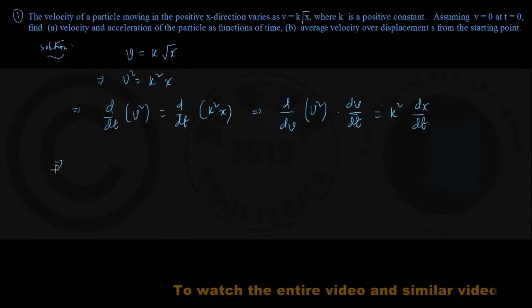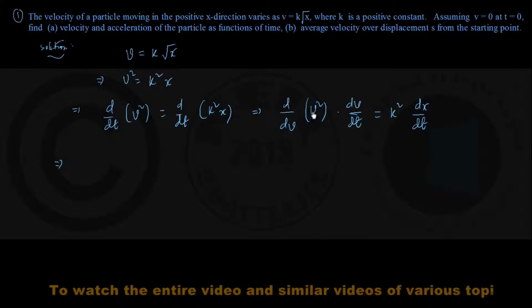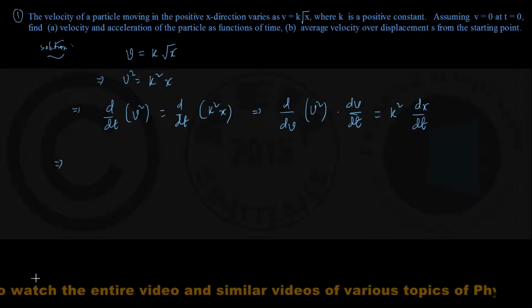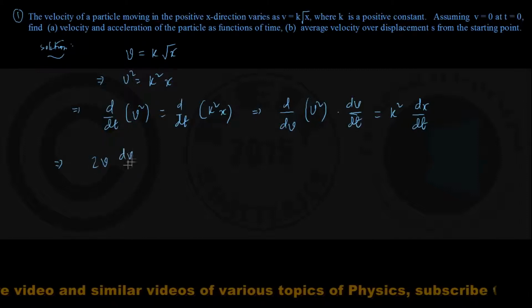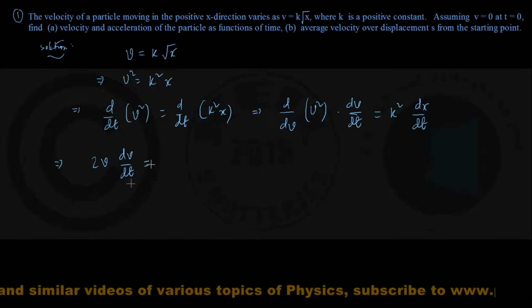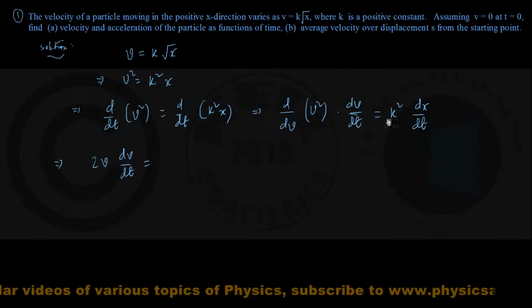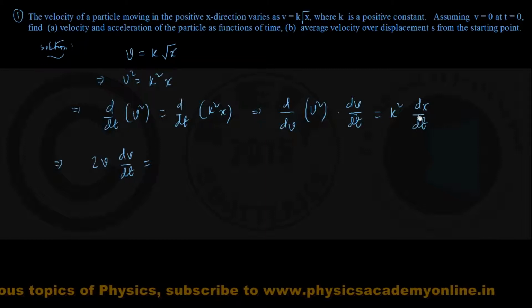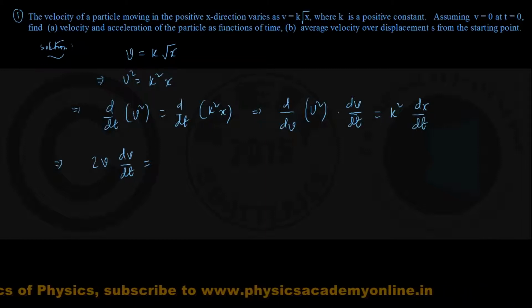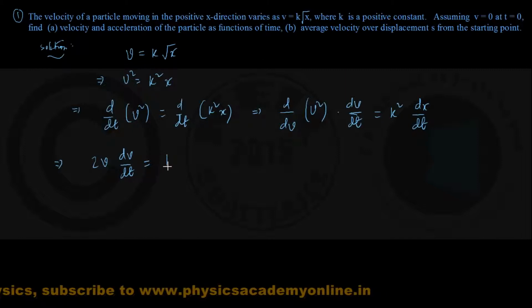In my next step, differentiation of v square with respect to v becomes twice v. So left hand side becomes twice v into dv dt, and right hand side is k square, but dx dt, the rate of change in position in time, that is called velocity only. Therefore, right hand side can be expressed to be k square into v.